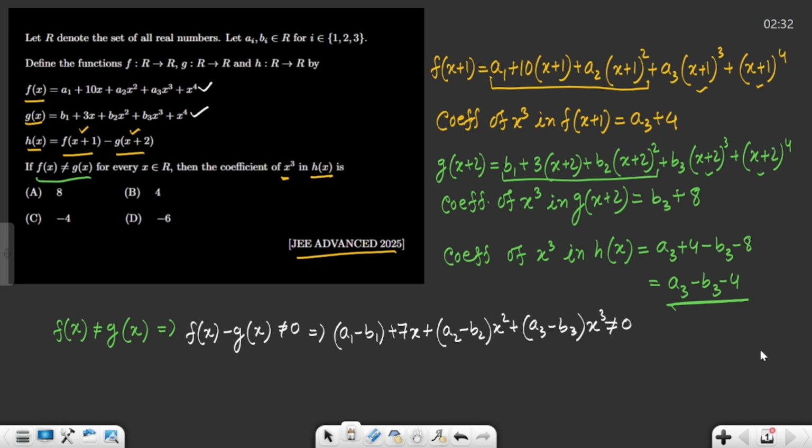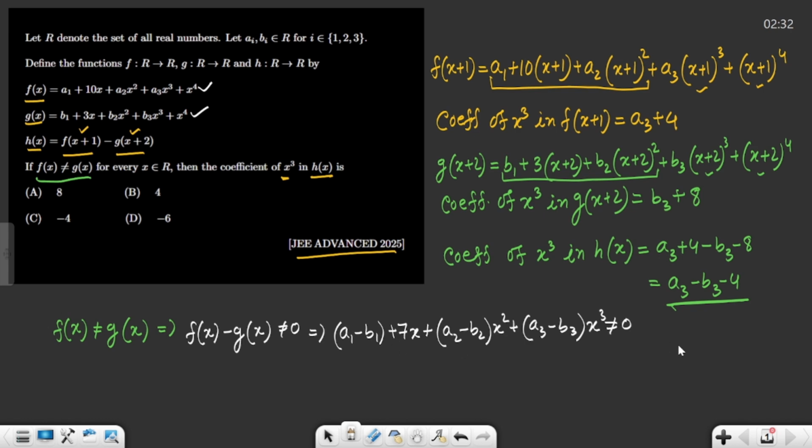Now understand carefully. Here is the main thing of this question. The beauty of the question is here. Now this expression is not equal to 0. That means this equation will have no real root. If this equation had any real root, then for some real value of x we would get this expression equal to 0.